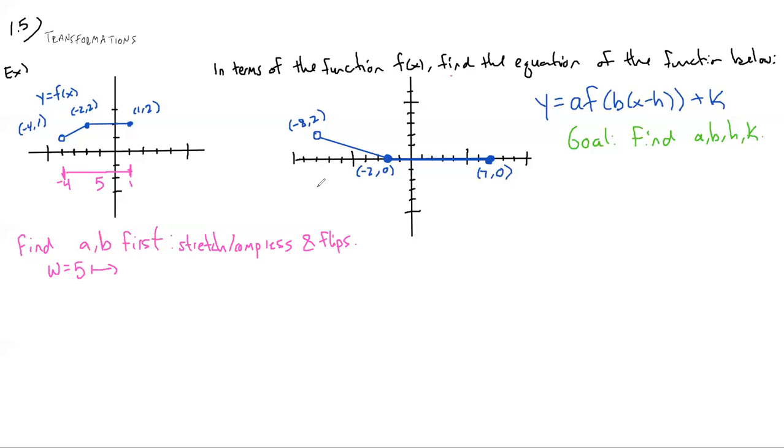And if we look at the one on the right, it starts at -8 and then goes across to +7. And that's a net width of 15. And so that is a horizontal stretch of 5.